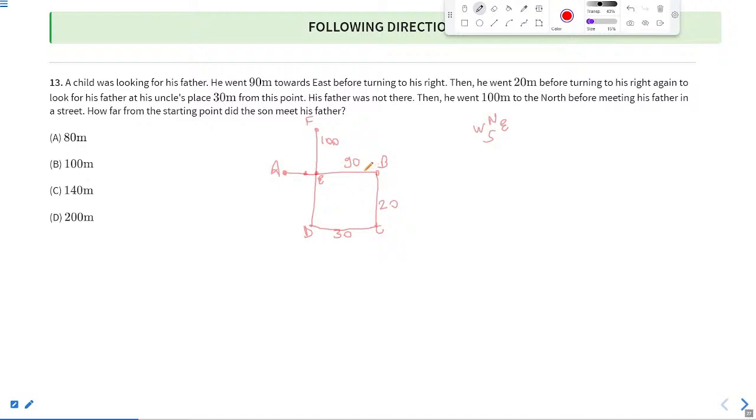There we go. So, since the whole is 90 and this is 30, therefore this is 60. A is the starting point. Next, he moves north 100, but he moves south 20.